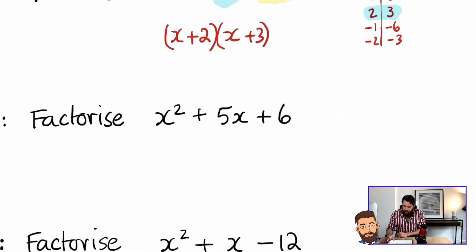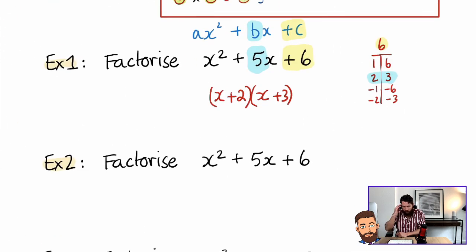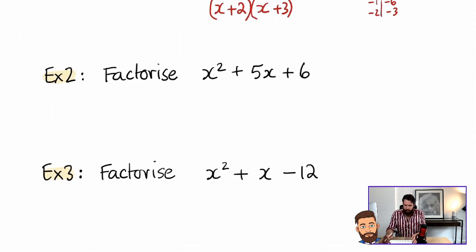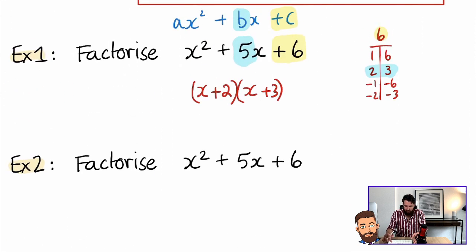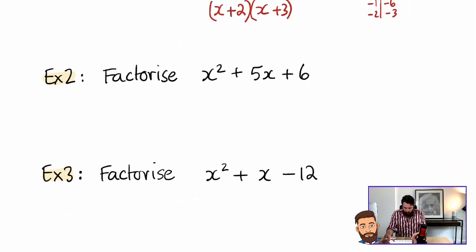Okay, so we're just going to use that method now where we list the factors of C. We take C and we list all the factors, and then we just check which ones add to make B. Okay, so again, that is the same question. I'm not quite sure why that's there.